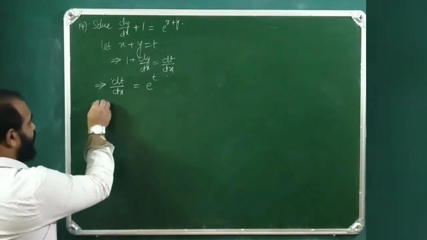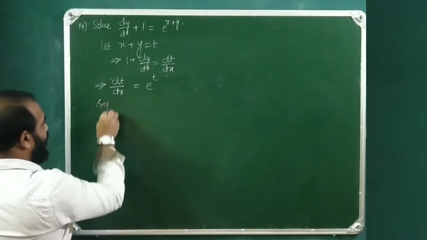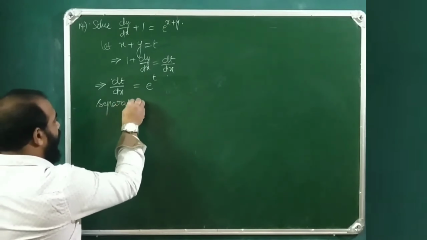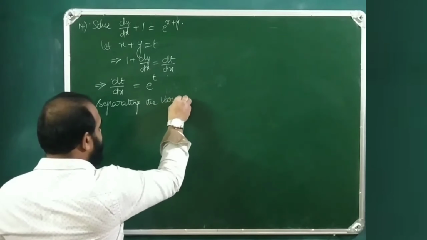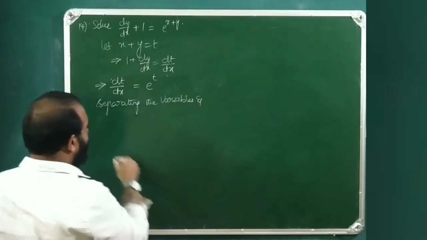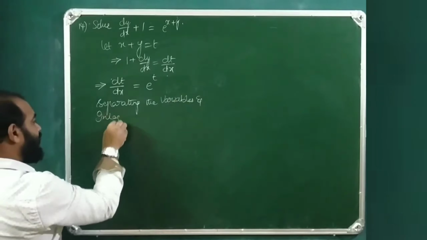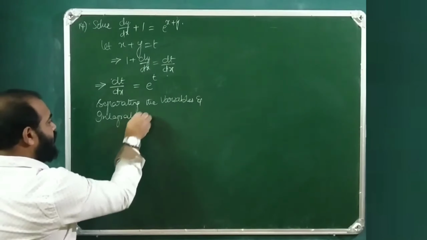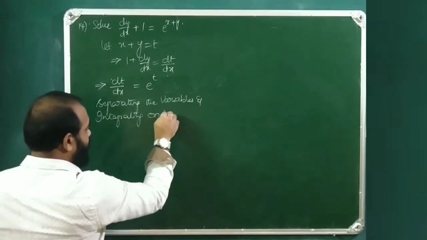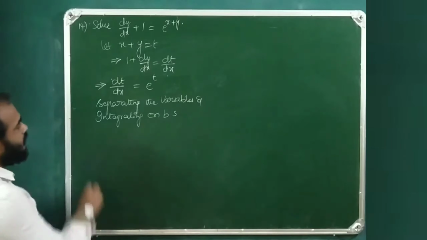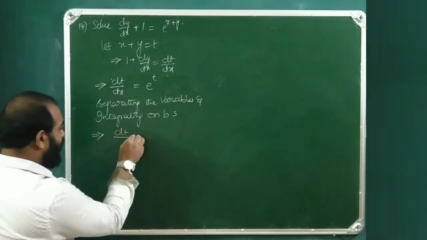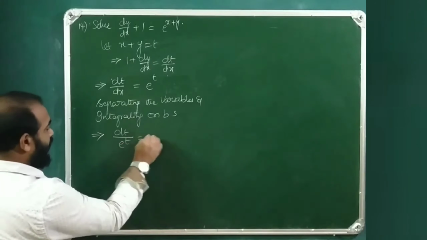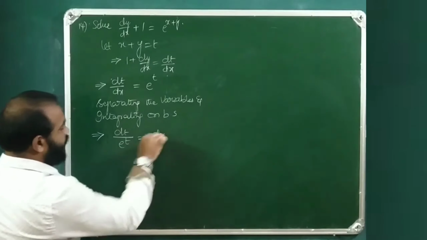Now separating the variables and integrating on both sides, we get dt by e power t equals dx.